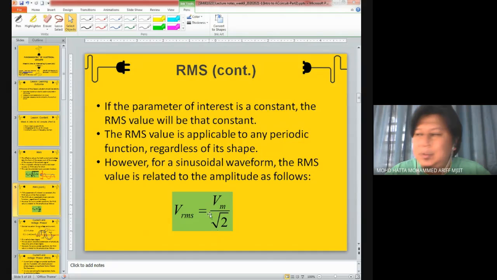And sometimes, if you look at your equipment, it is always rated based on RMS value. If the equipment says this equipment will operate from 220 to 240, for example, that range is basically your RMS value range for that case.